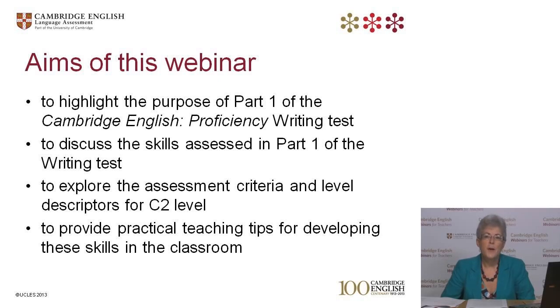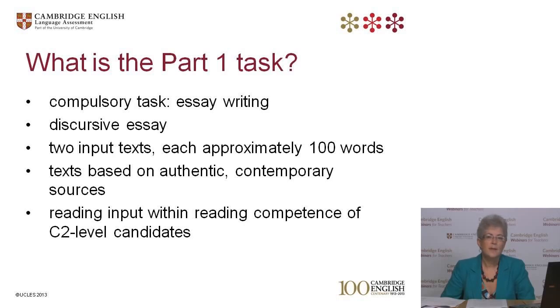So let's start by looking at the format of the revised part 1 task and what skills candidates need to demonstrate when they're doing this task. So part 1 is the compulsory task and it always involves writing an essay, as you know. It's a discursive essay, which is a piece of writing which follows an argument and discusses a particular issue, situation or problem.